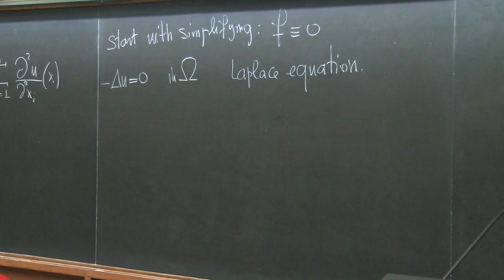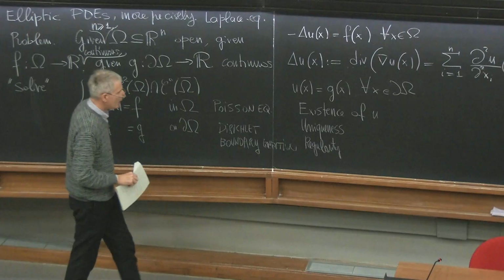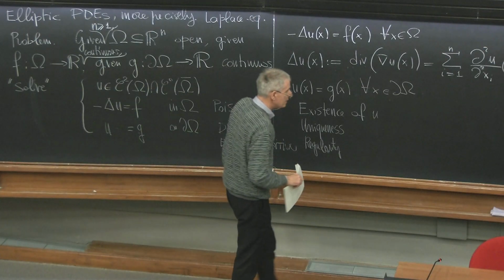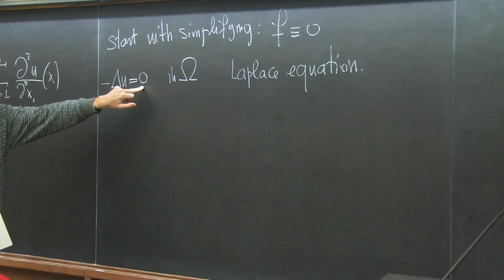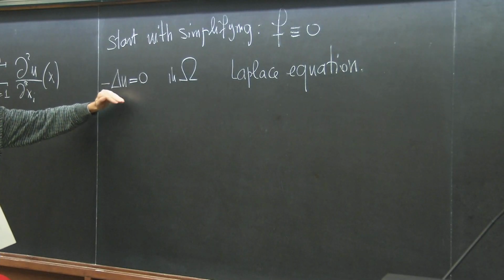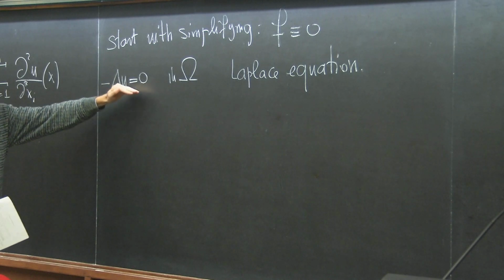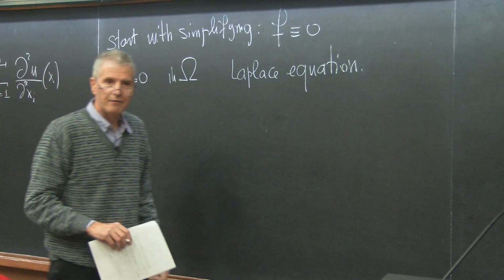An interesting question beside existence and uniqueness is the smoothness of u, because here there is no right-hand side. The trace of the Hessian must be equal to 0, not equal to f.